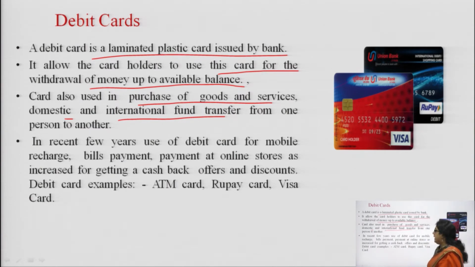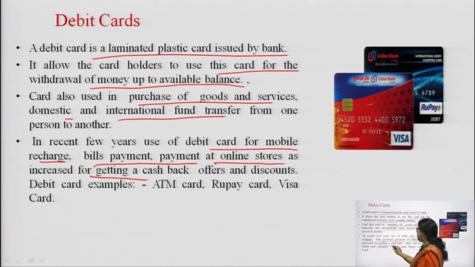In the last few years, use of the debit card for mobile recharge, bill payment, and payment at online stores has increased because of the cashback offers and discounts. See, you might know about the different online shopping sites, where when you are shopping, they ask you to use the card or cash on delivery.